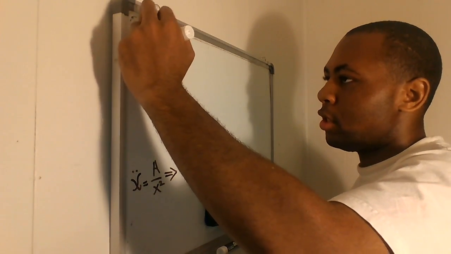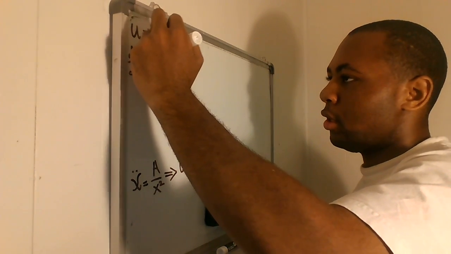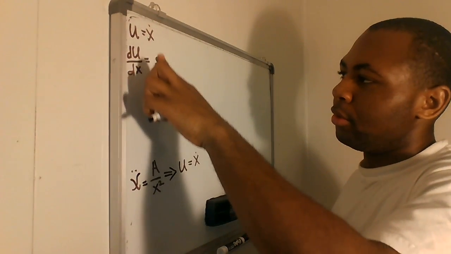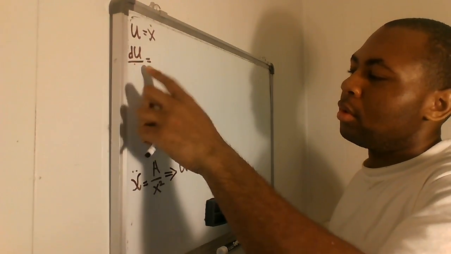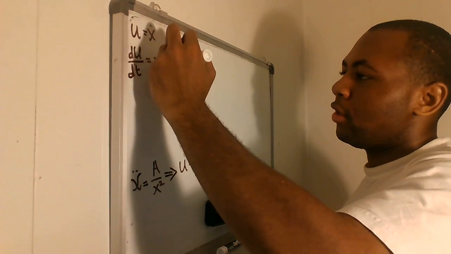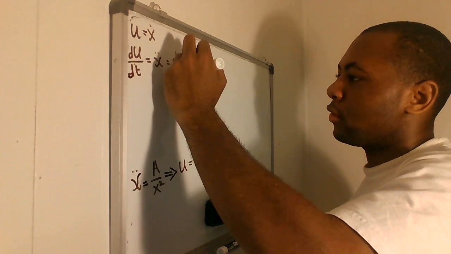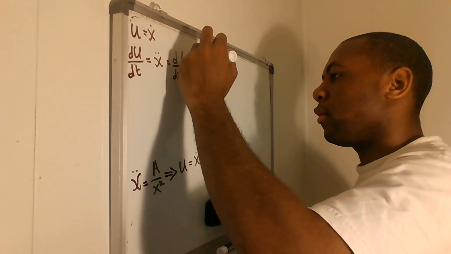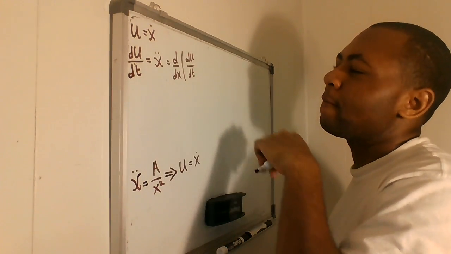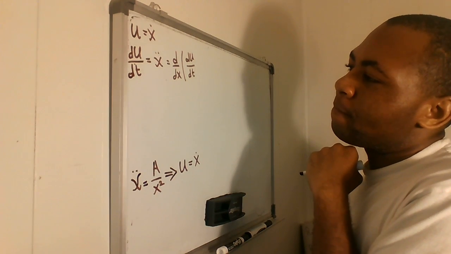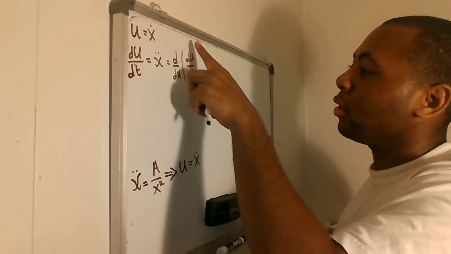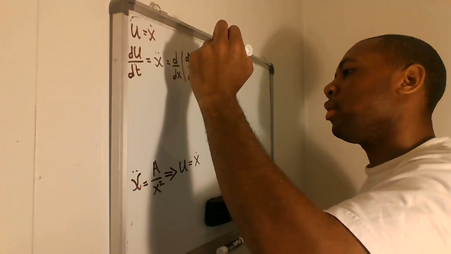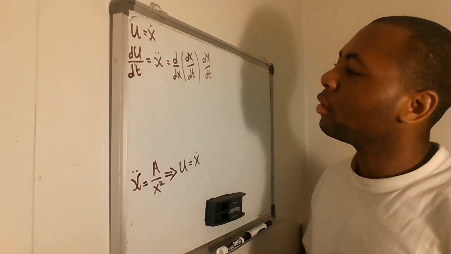Therefore, du/dt is x double dot, which is d/dx of u times dx/dt.